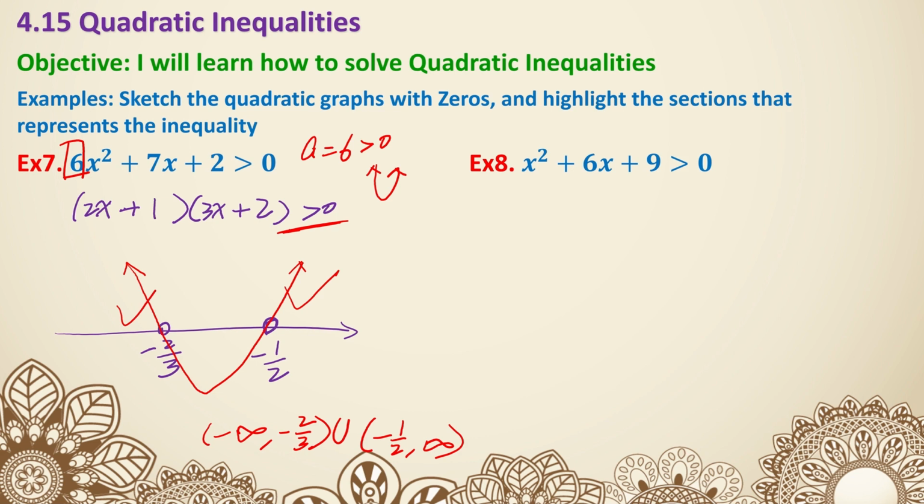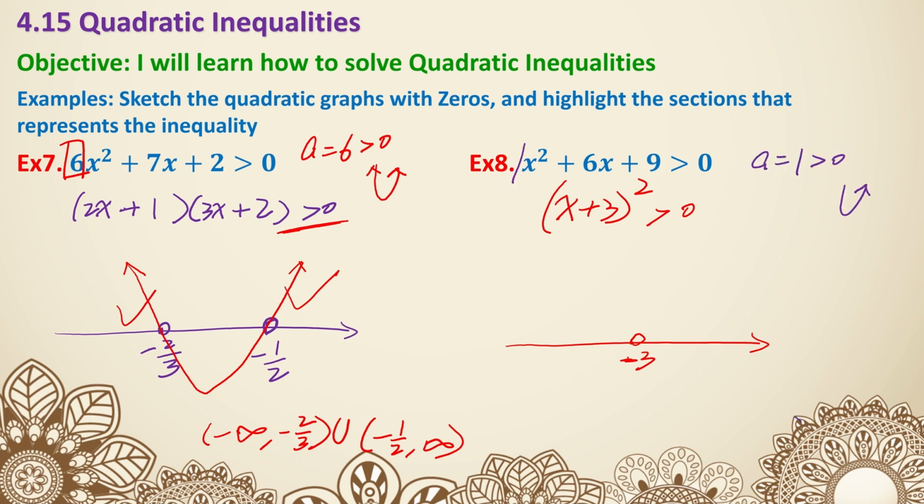Example 8. You can factor: x plus 3 squared is greater than 0. So we only have a point at negative 3. For the graph, a equals 1, greater than 0, which means it opens up.